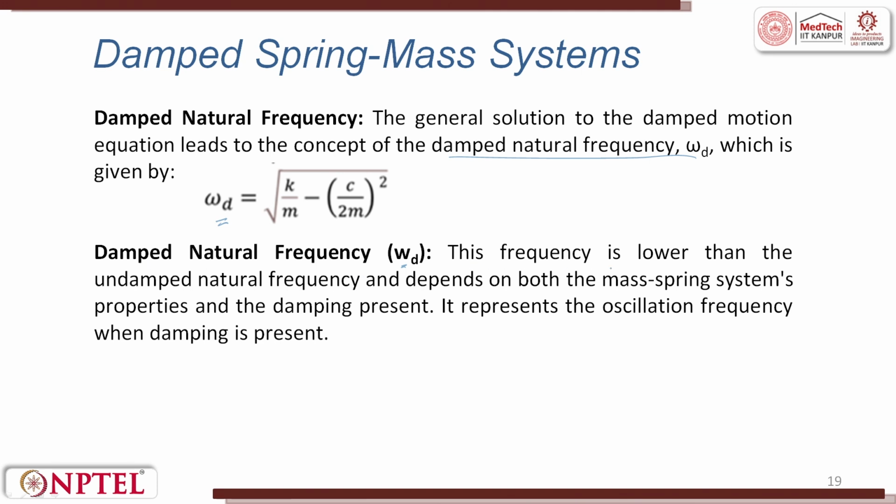This frequency is lower than the undamped natural frequency and depends on both the mass spring system properties and the damping present. It represents the oscillation frequency when damping is present. So, it is a very important concept, damped natural frequency omega d.